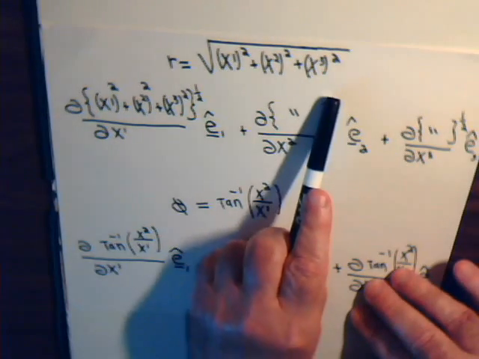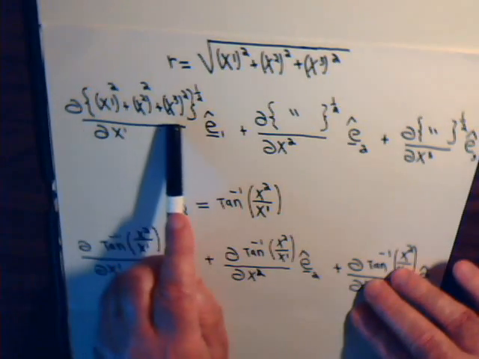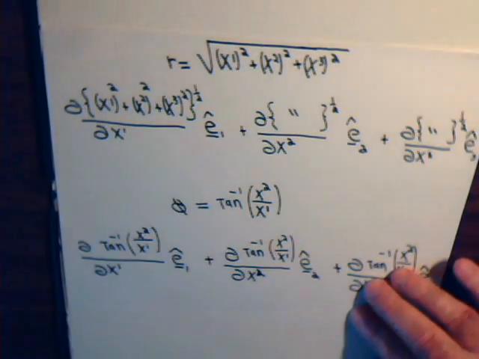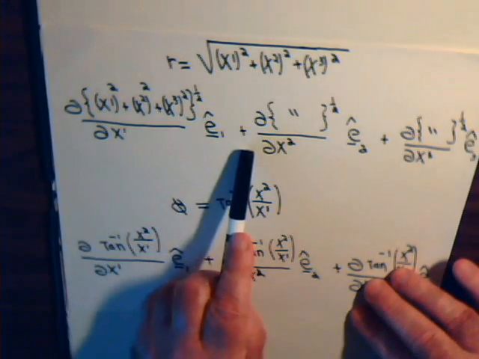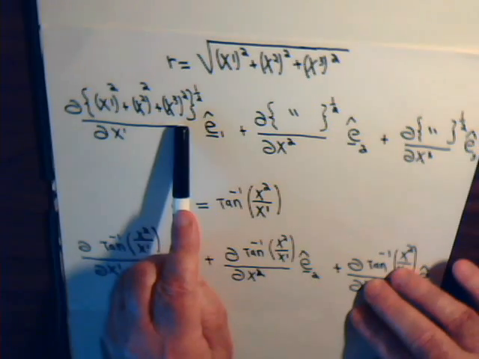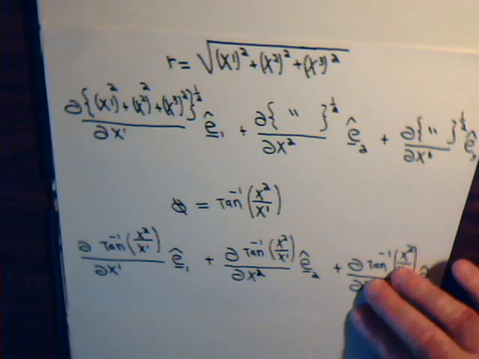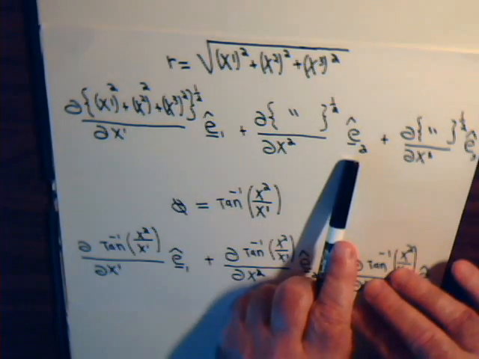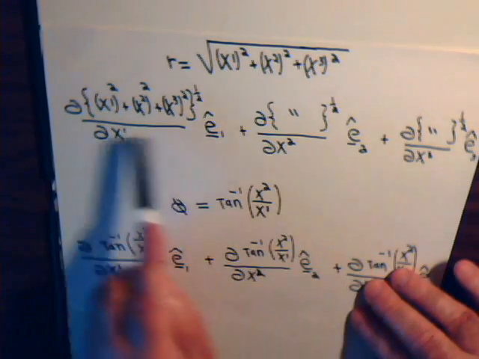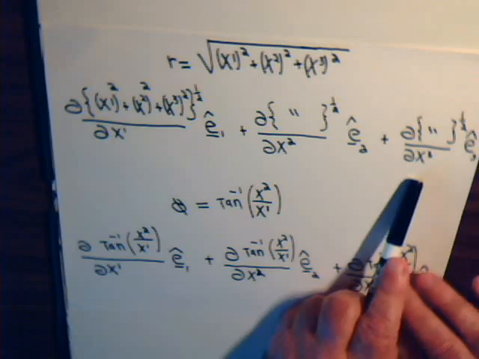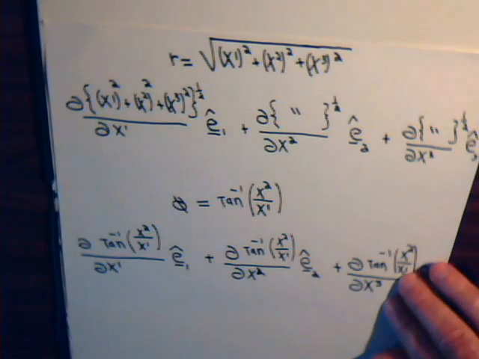We can take the partial of this with respect to x1 and multiply it by the unit vector for that axis, plus the partial of the same expression with respect to x2, multiplied by the unit vector for that axis, plus the partial of this with respect to x3 times that unit vector.